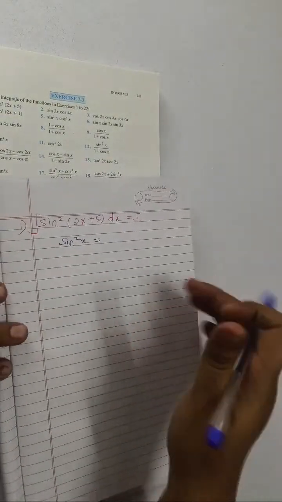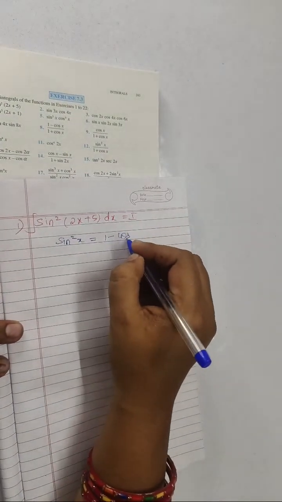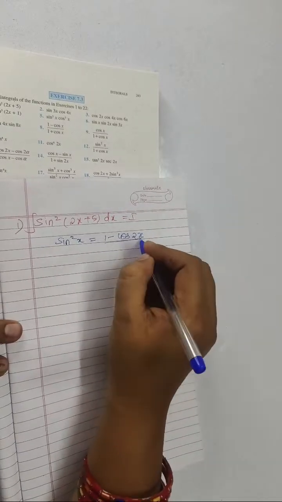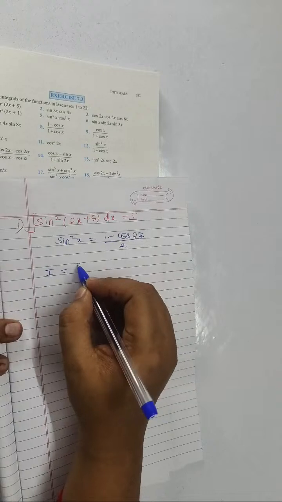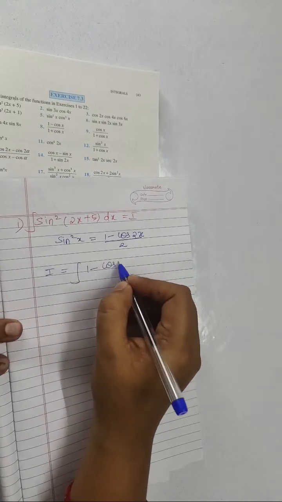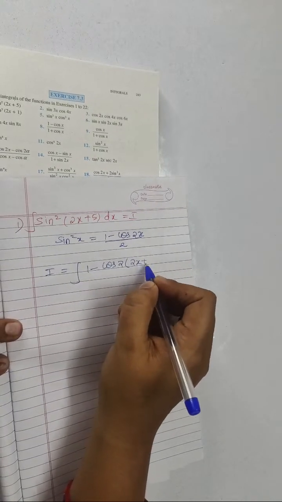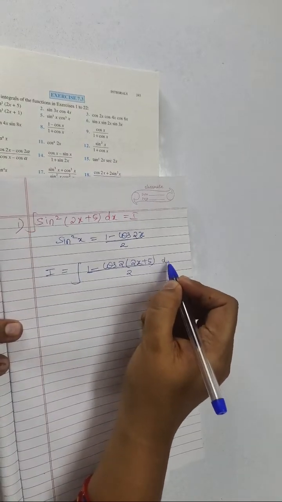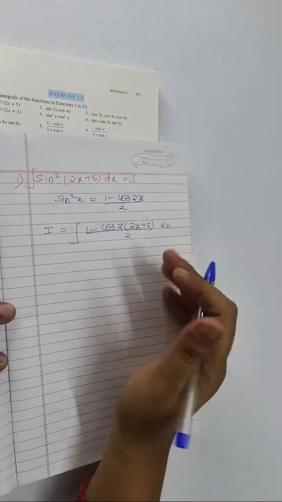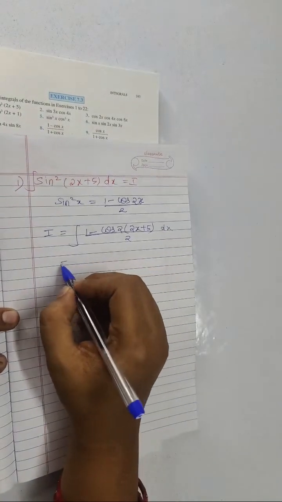That 2 we have missed out. So it is 1 minus cos 2x by 2. So in the given question, it becomes 1 minus cos 2 of (2x plus 5) by 2, into dx. I'm so sorry, I don't know why I left it like that.